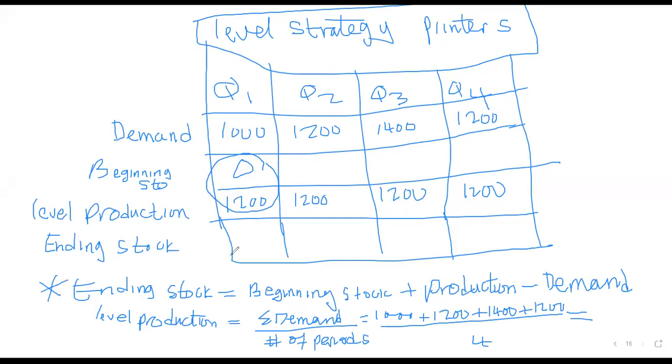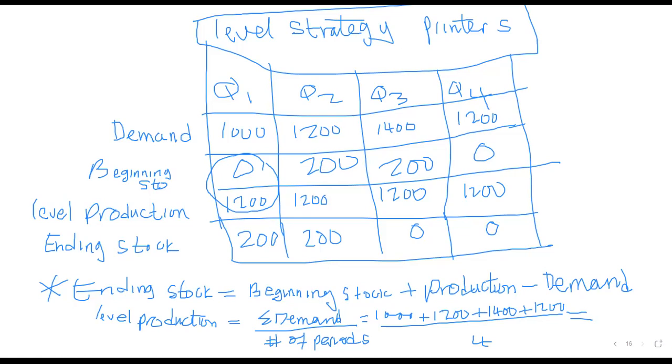The ending stock for the period is the beginning stock for the next period. So the beginning stock here is 200, plus 1,200, minus demand, which gives 200. Then 0 plus 1,200 minus demand is 0.